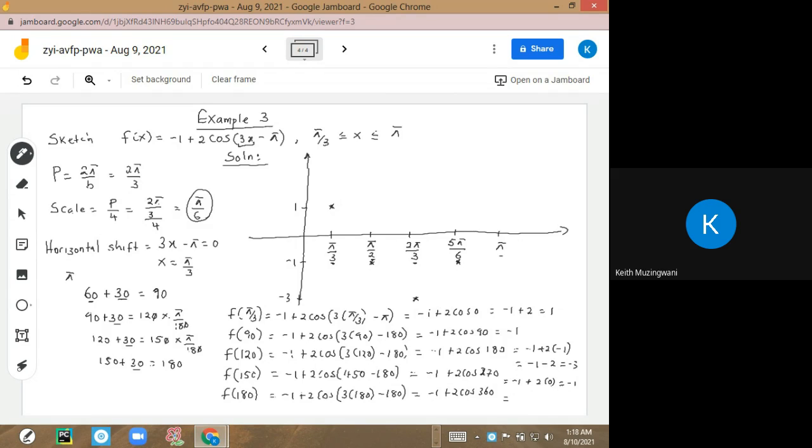But cos 360 is 1. So we get positive 1. So we have positive 1. And then we can draw our sketch. So it's supposed to pass through the point here. If I miss it, I just pull my point.